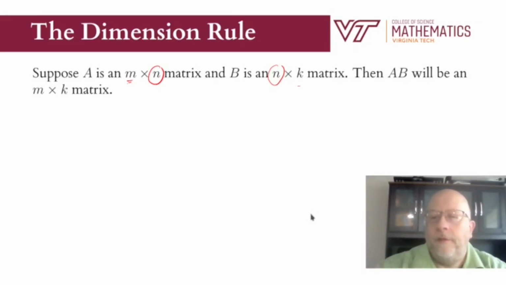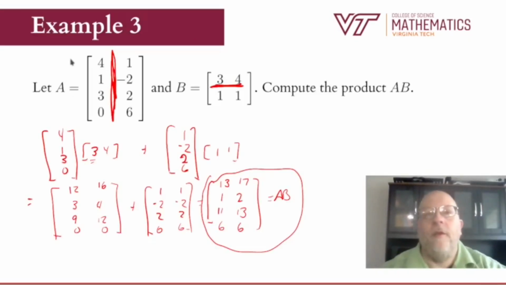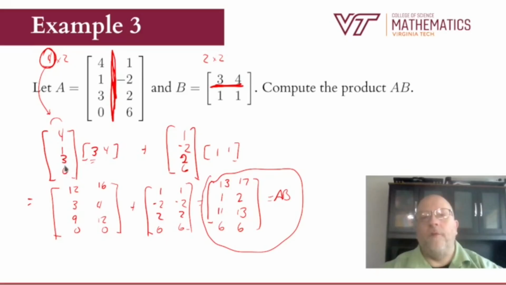This is a 4 by 2 matrix, and this is a 2 by 2 matrix. But this matrix right here has 4 entries because of this 4, the number of rows that were in this original matrix.